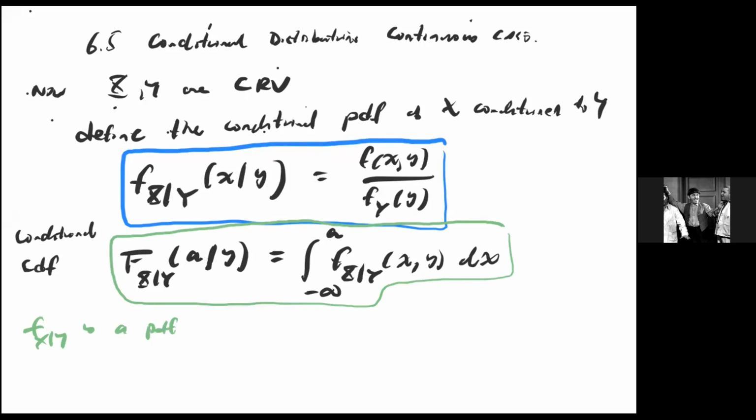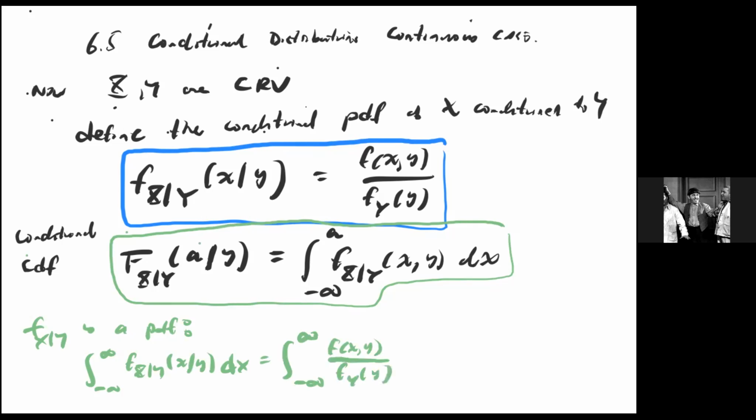If I take the integral from minus infinity to plus infinity of that expression, f of X conditioned to Y of x, y, dx, I integrate with respect to x, then remember that's the integral from minus infinity to infinity, but using the definition of the joint PDF of the variables X and Y divided by the marginal PDF of the variable Y, and we're integrating with respect to x.